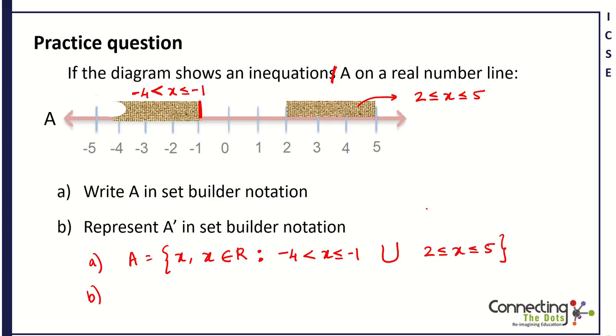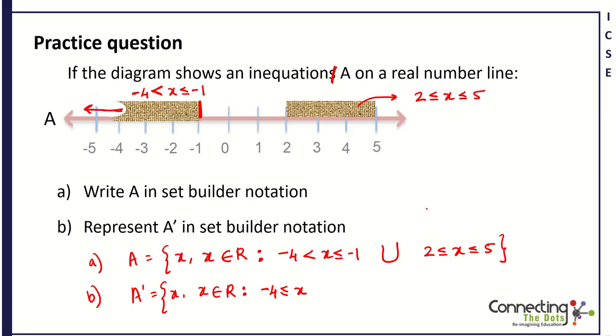So what about A dash? A dash is the set of all values which are not in A. It should not be included in A. So how do we represent that? A dash consists of all values which are real numbers, such that it can be all the values including -4, this side of the number line can be included in A dash.